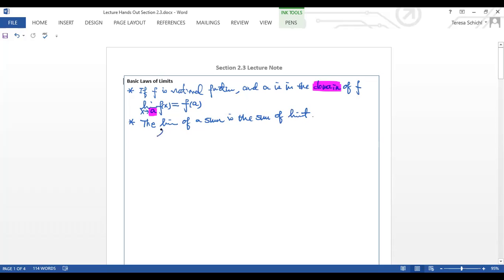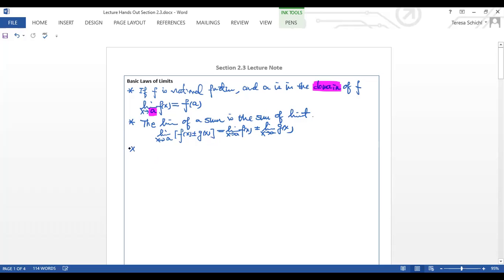So it's telling you the limit as x approaches a of f(x) plus or minus g(x) is equal to the limit as x approaches a of f(x) plus or minus the limit as x approaches a of g(x). That's what it means.